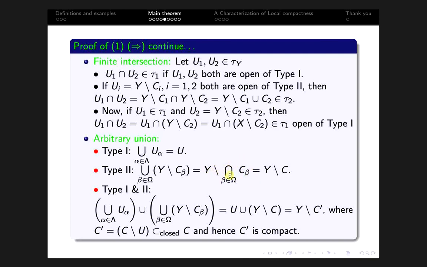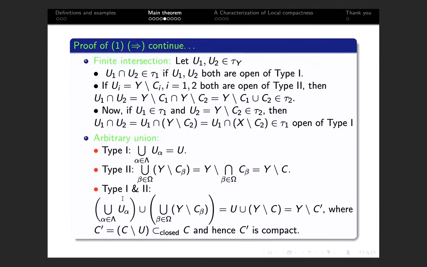So Y minus the compact set, the intersection of C beta, beta belongs to omega, is open of type 2. Let C equal the intersection of C beta, beta belongs to omega. C is compact in X. So Y minus C is open of type 2.